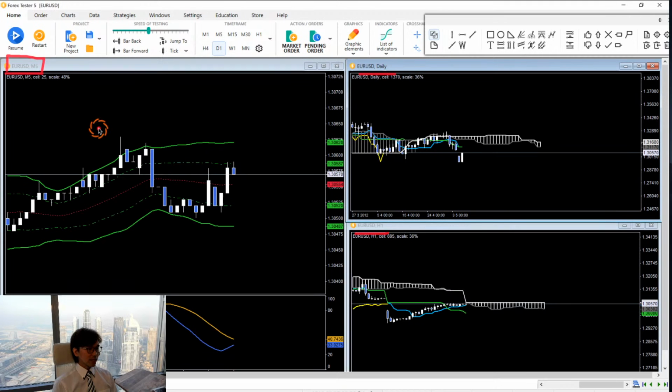Initially, I focus on the daily chart, and once I see the daily chart or the 4-hour chart trending, I go down to the mid time frame, 1 hour or 30-minute chart. If I also see a trending market there, then I go down to the 5 or 15 and look for an entry chance.